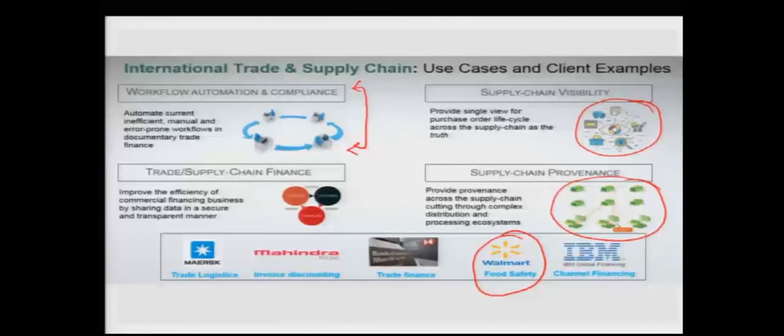Now the question is, suppose some particular batch of meat turns out to be bad, imported by multiple customers. Then one has to know where that meat came from, and which other Walmart stores have the same batch of meat, and then they have to be taken off the shelf, and corresponding payment and reimbursement and all that stuff has to be done by the supplier.